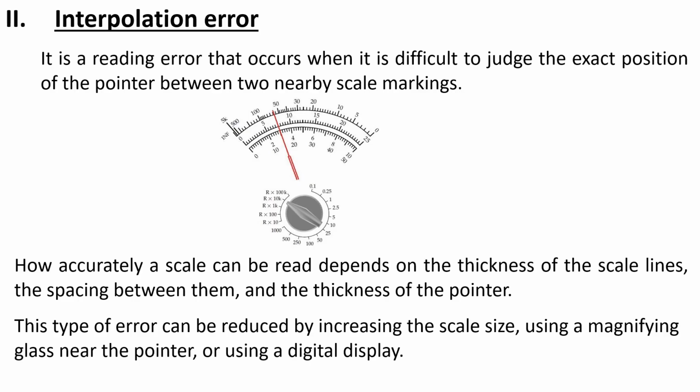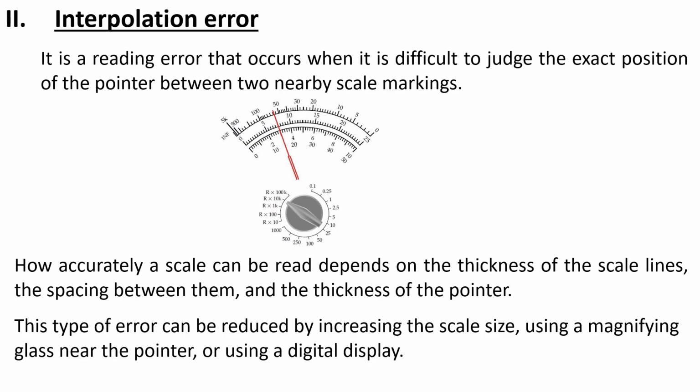Next we look at another type of readout error, that is the interpolation error. Interpolation error is a reading error that occurs when it is difficult to judge the exact position of the pointer between two nearby scale markings.